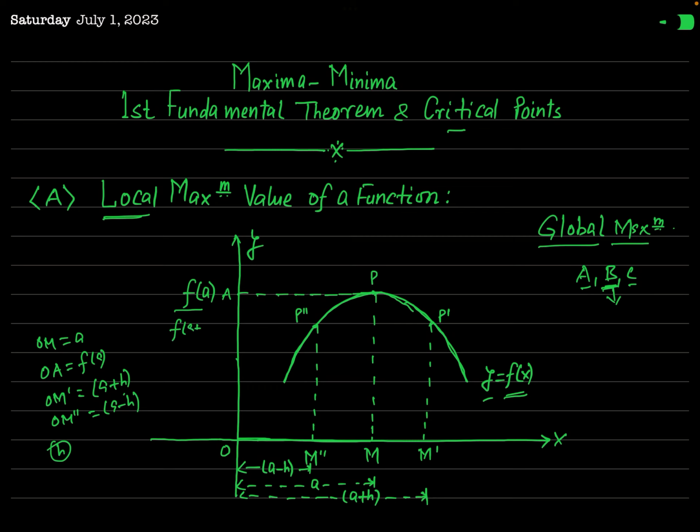This will be f of A plus H and f of A minus H. These are the values of the function f corresponding to x equal to A plus H and x equal to A minus H. If you consider that this H is very small, then you can see that f of A is greater than f of A plus H and f of A minus H. It means f of A is greater than f of A plus H, and this f of A is also greater than f of A minus H.